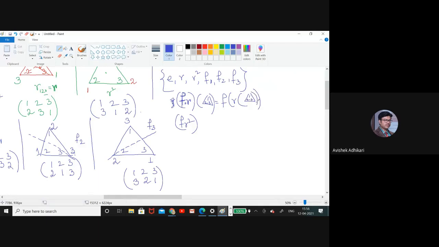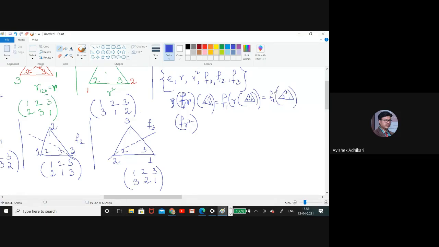And how does the rotation transform this triangle? The rotation transforms it into a 120-degree turn. That means it becomes 2, 1, 3. And then I have F1, okay, say this is F1R.